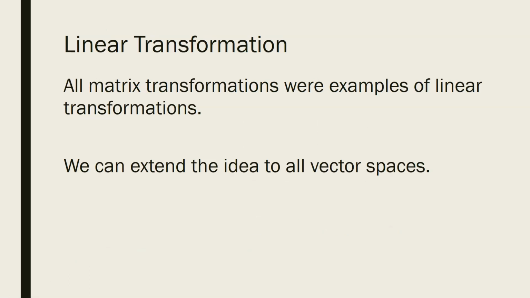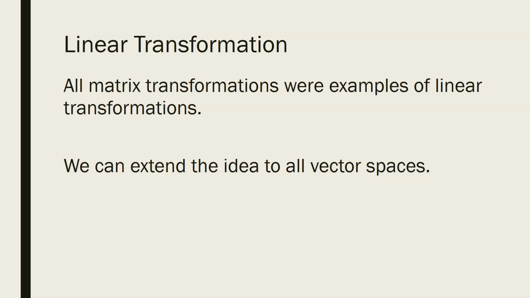Now, all of these matrix transformations were examples of linear transformations. And we can extend the idea of linear transformations to all vector spaces, not just Rn, but any vector space.